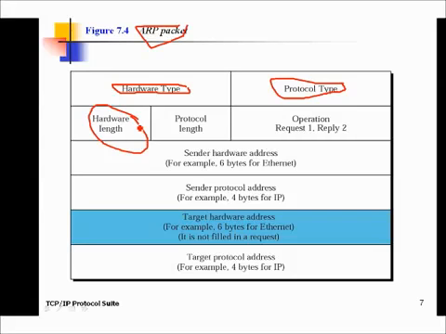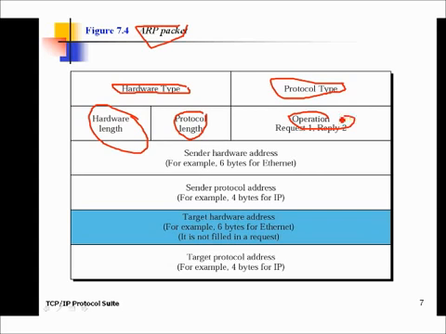This is an 8-bit field defining the length of the physical address in bytes. For example, for Ethernet the value is 6. Protocol length. This is an 8-bit field defining the length of the logical address in bytes. For example, for the IP version 4 protocol the value is 4.